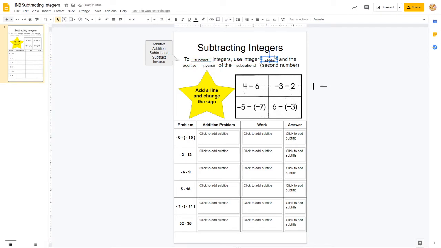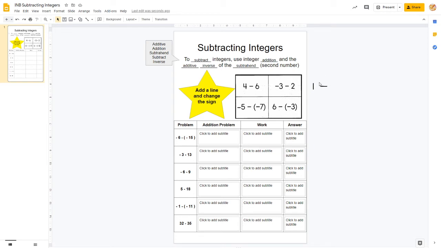And I misspelled addition, it looks like. I don't know how that happened. Oh, that's how that happened. The box was too small. Whoops. If you ever have a problem, always remember to undo. Okay, now we're good.